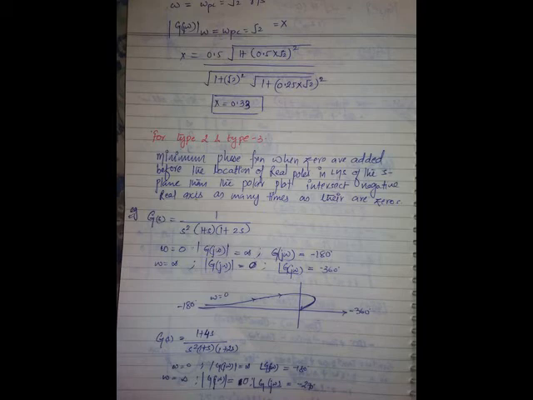Put omega infinity, because denominator omega terms are more, magnitude will become 0, angle is becoming again minus 90. Magnitude is 0, angle is again minus 90.